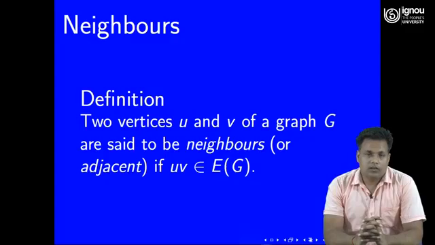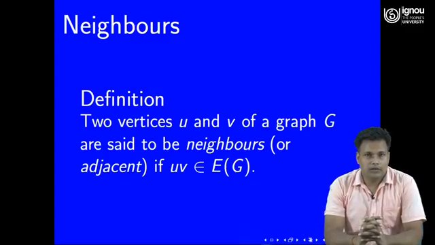Now there is a concept of neighbors and neighborhood of a vertex. We call two vertices u and v of a graph G neighbors or adjacent if (u, v) is an edge of G. That means u and v are connected by an edge.